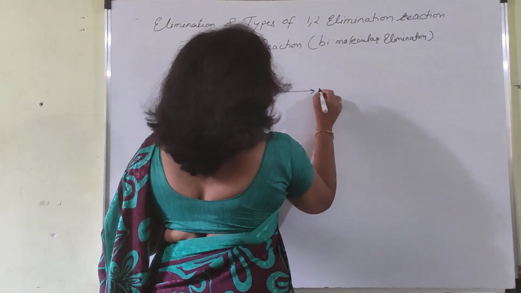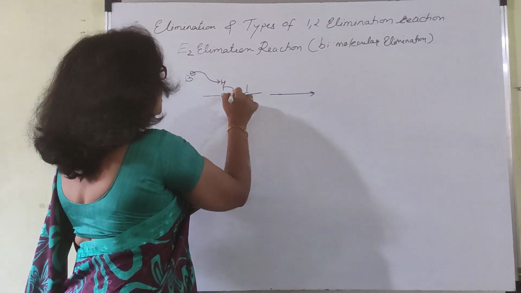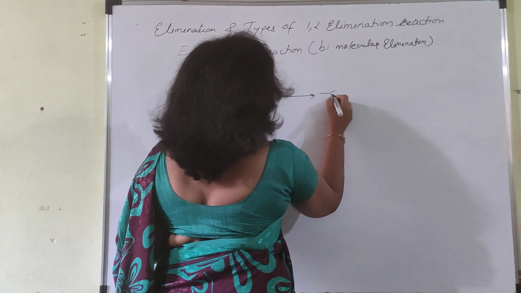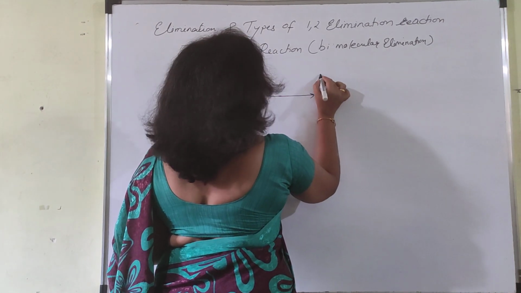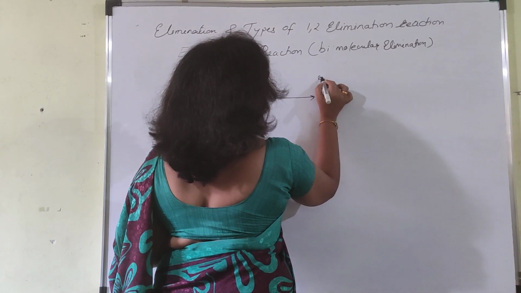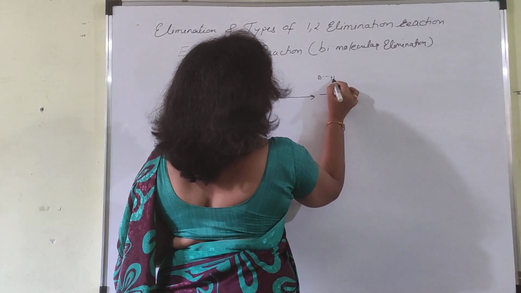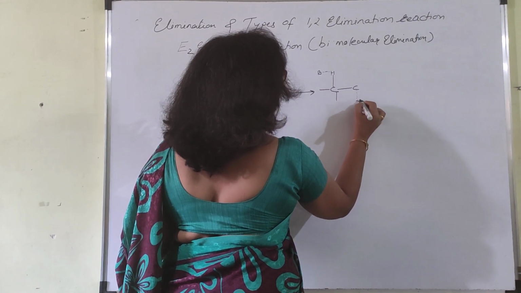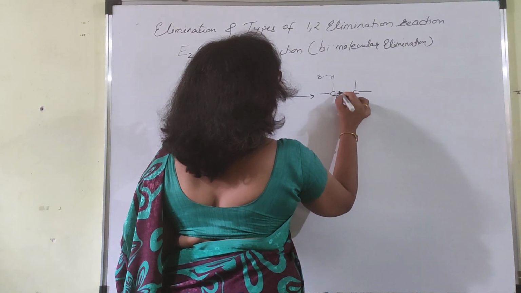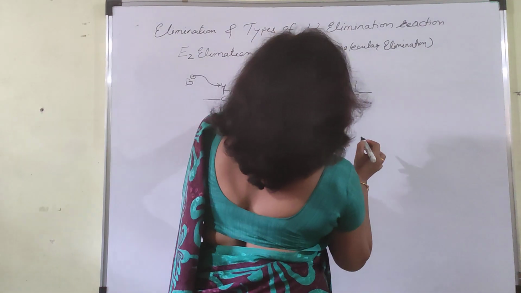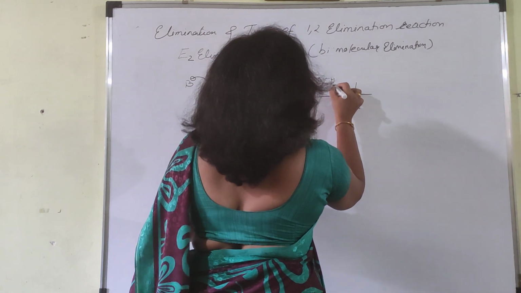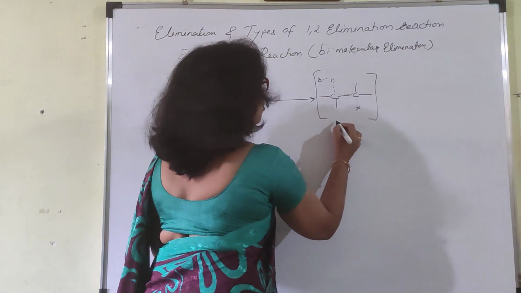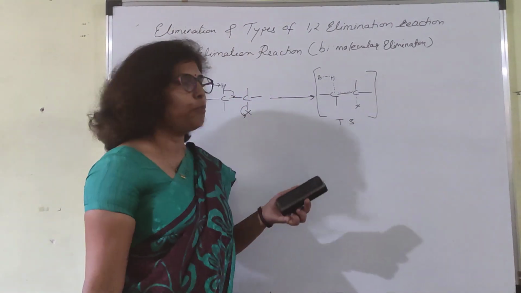So, all these steps take place in a single step. It is a concerted reaction, and so the intermediate you get is this, which is called the transition state.